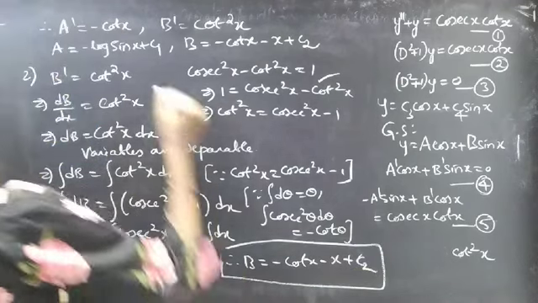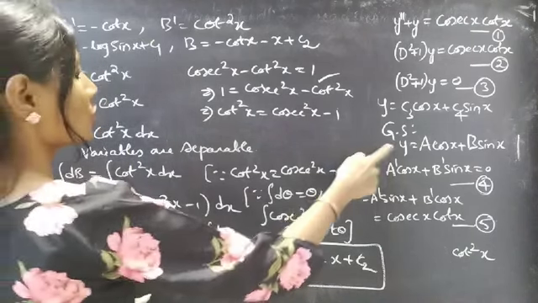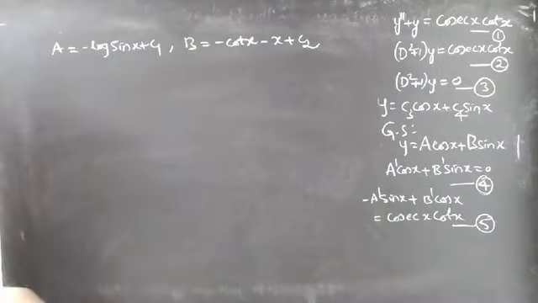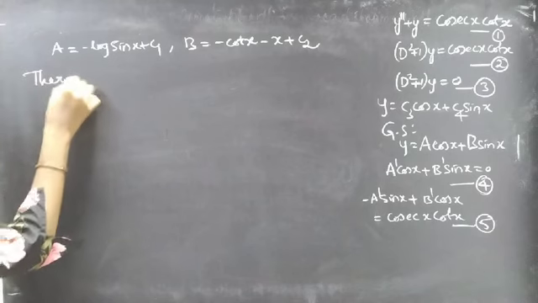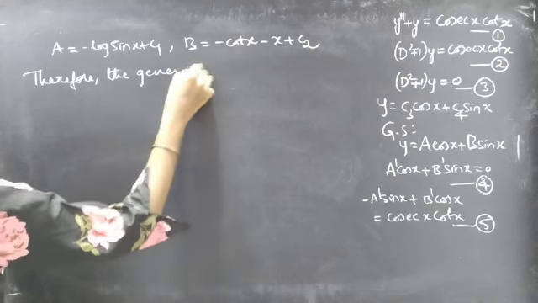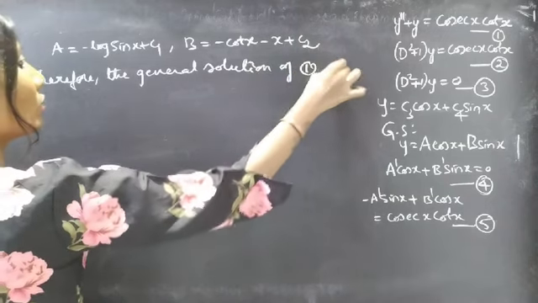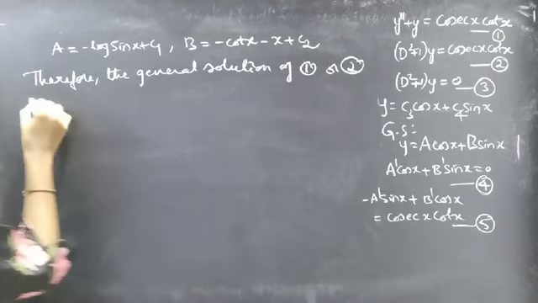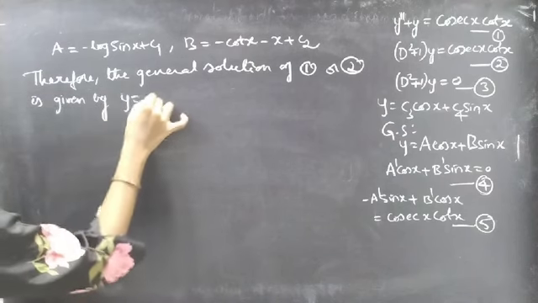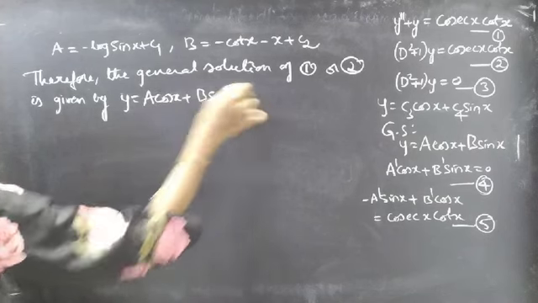Now we have a and b, so we can write the general solution using this formula. Therefore, the general solution of equation 1 or equation 2 is given by y equal to a cos x plus b sin x.